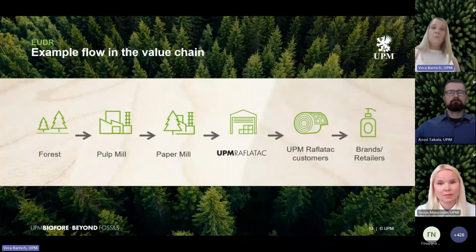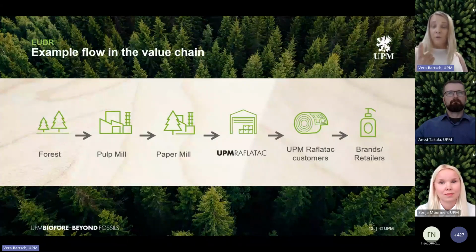So here you see an example of what a value chain where UPM Raflatac is in the middle looks like, with both up and downstream companies. Upstream, this is probably the shortest value chain possible with only 3 steps. The forest where the wood grows, that is then being used to produce pulp, which in turn is used for paper production.